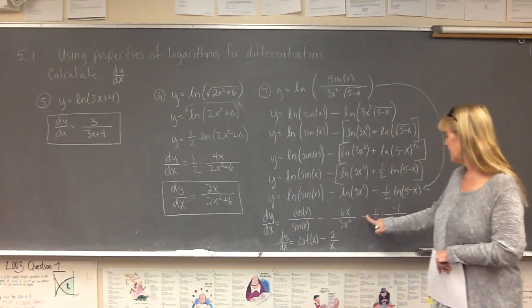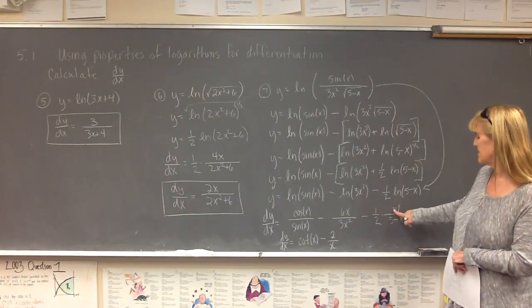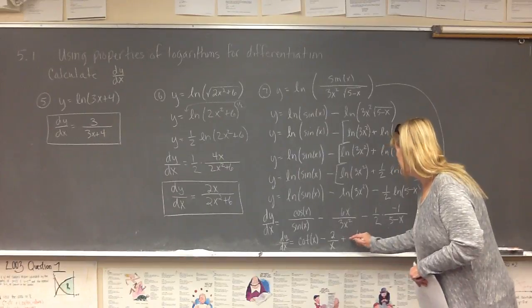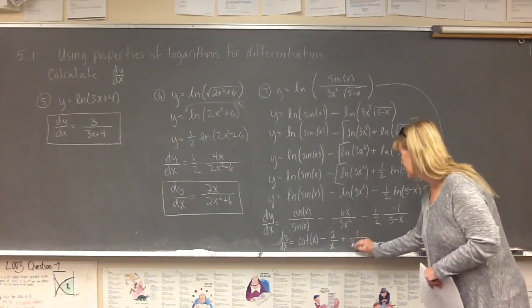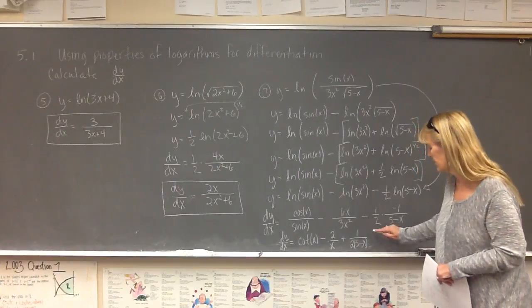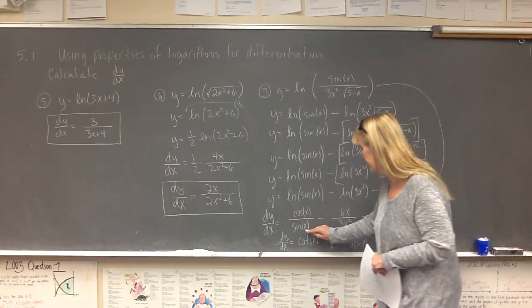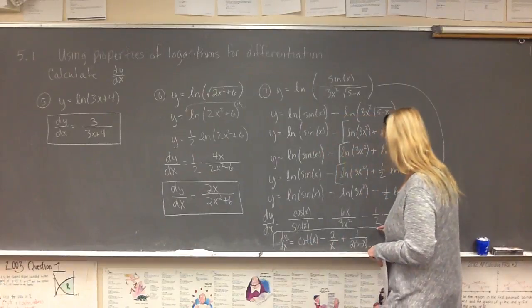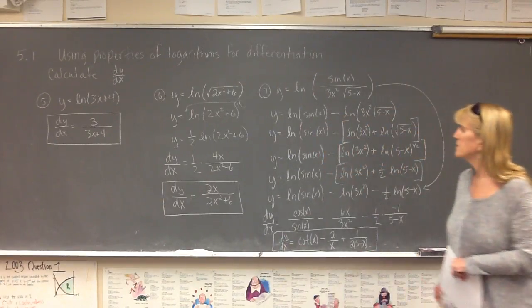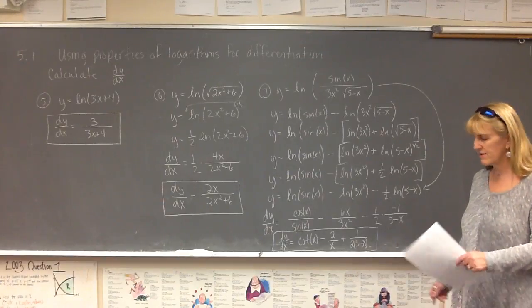And then this subtraction symbol with this negative sign is going to turn this into a positive 1 over, and I'll leave this as 2 times 5 minus x. Close my parentheses. This would be my final derivative where I choose to stop. And that is the end of number 7.